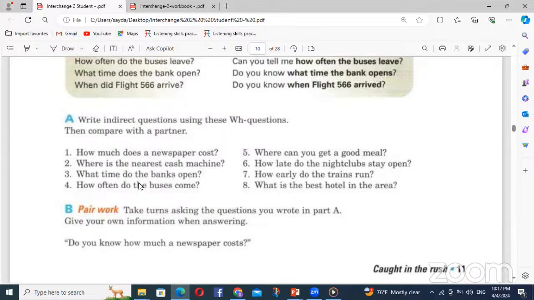Do you know how often the buses come? Okay, nice.